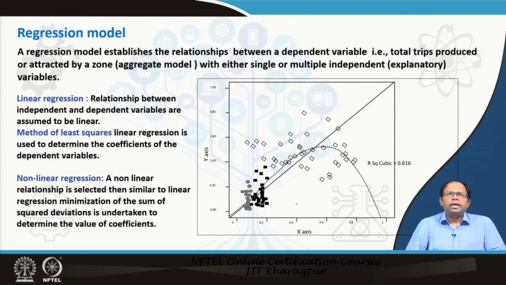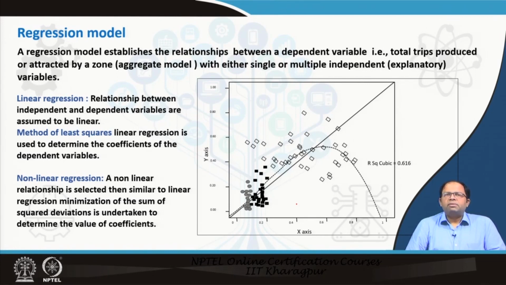We can also say that the total number of trips attracted, based on the number of employees in a particular zone, could also be predicted using a regression model. We usually use linear regression, and it establishes the relationship between independent and dependent variables using a linear function.